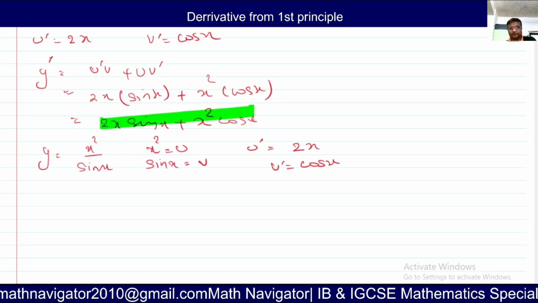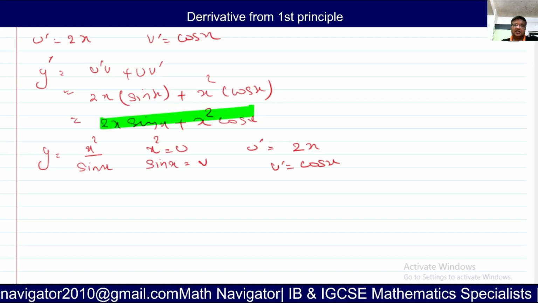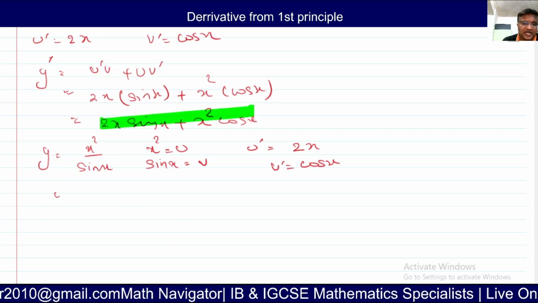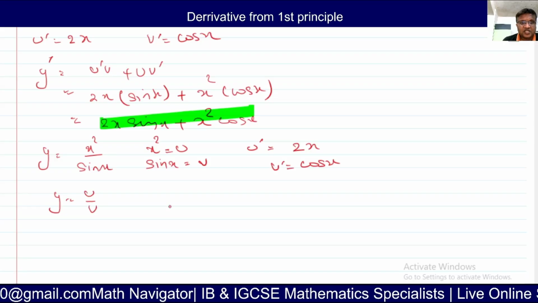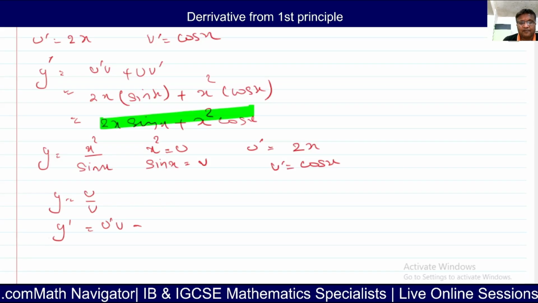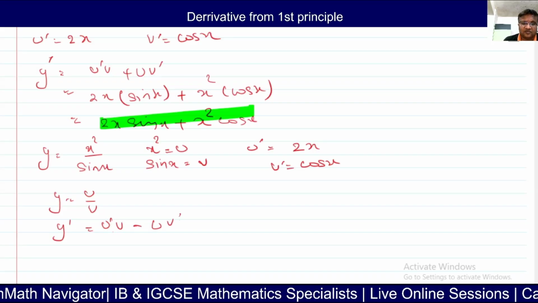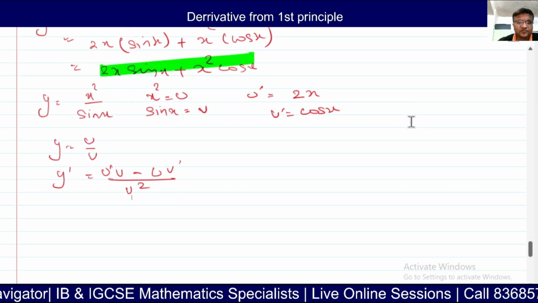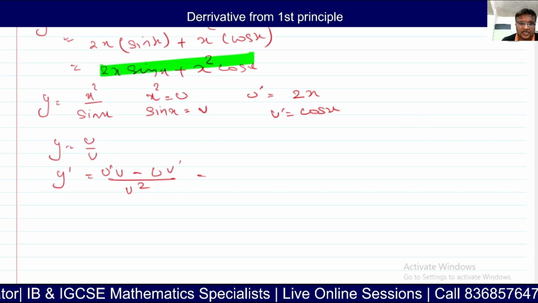Perfect. Now here you have the formula: if y is equal to u over v, then y derivative is equal to u derivative v minus u v derivative, over v squared. This formula again is given in the formula booklet, right? So now I just need to sub it in.